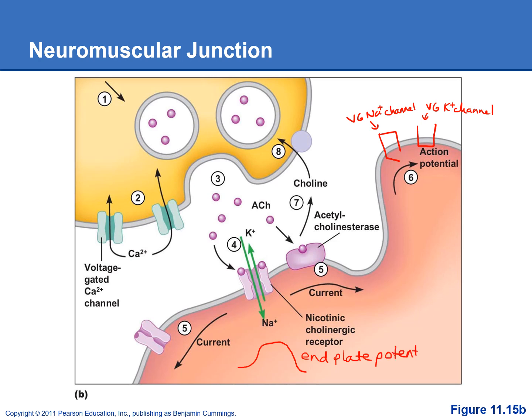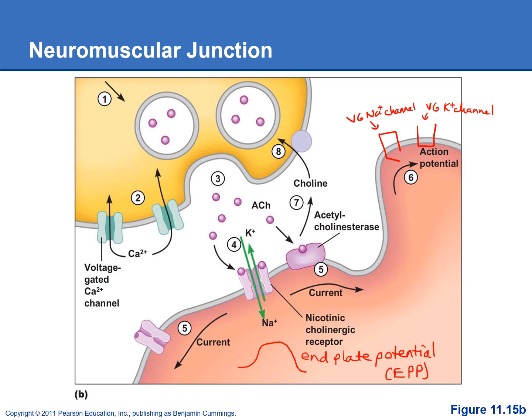And the reason we call it that is because we're at the motor end plate, and that's just what they chose to call it. So it is a graded potential that's depolarizing, and they just call it an end plate potential. And sometimes you'll see it abbreviated as EPP.